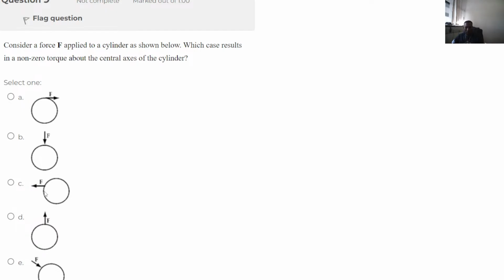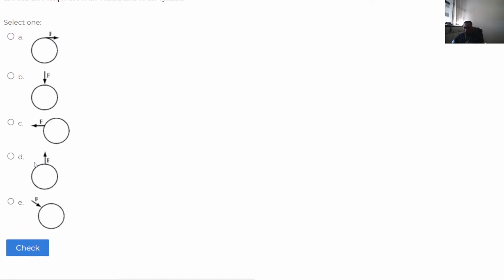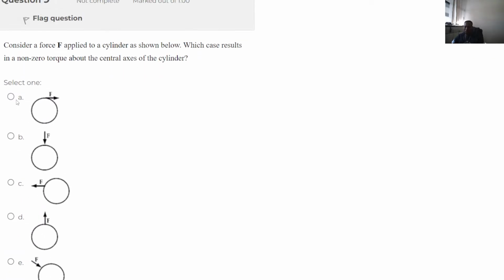And that one is a little bit off the axis. That one, almost that one, but at a certain angle. Which one produces non-zero torque then? What will be your answer? I wish there was a multiple select one, but we are only given to choose one. Which one do you think is correct?